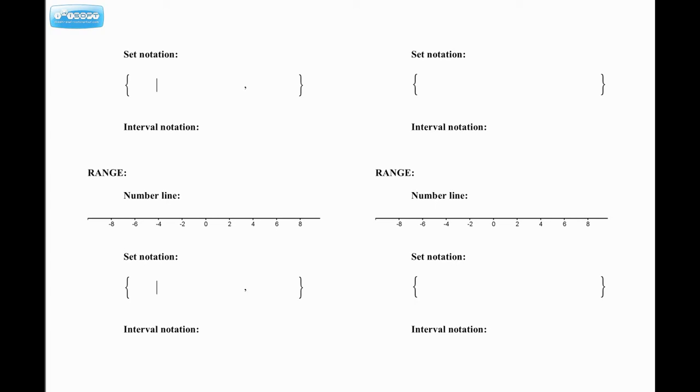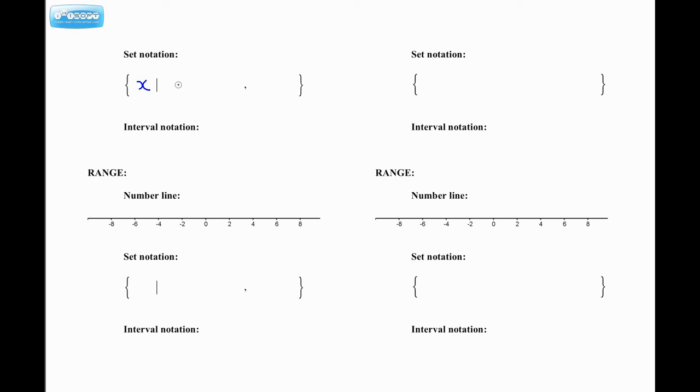Okay, so let's finish off the domains using different notations for the two relations. So going back to the first relation, we've already done the domain using number line notation, so we just want to use set notation. So the domain is the set, or the collection, of all x values such that, well, such that what? From the number line, all the x values have to be strictly larger than -6.